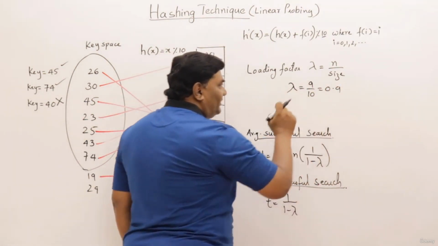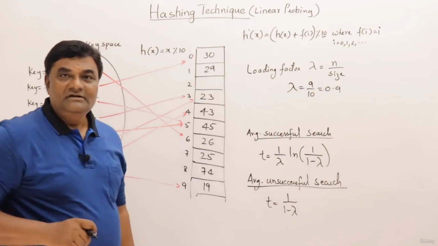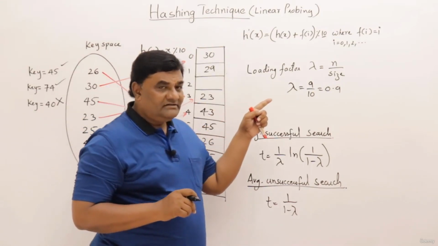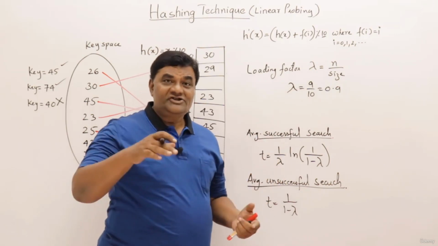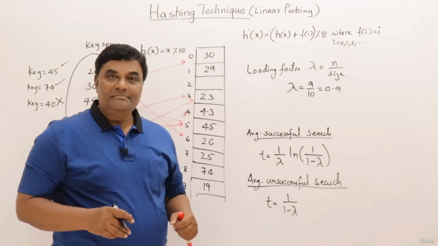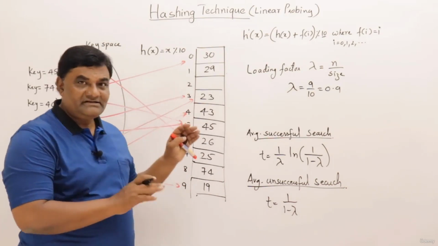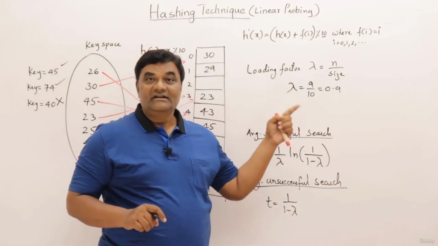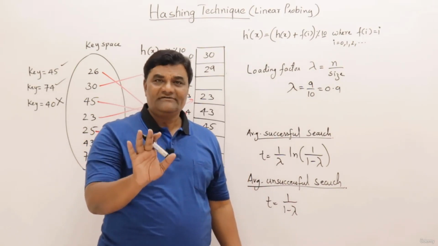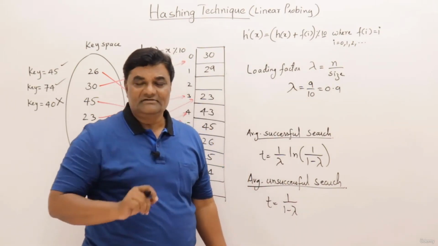See, loading factor we got in decimal, that is less than 1. In chaining it was greater than 1. But here the size of the table is fixed, so you cannot exceed the size. So that's why it is less than 1. Always loading factor will be less than 1 only. It will be in decimal.